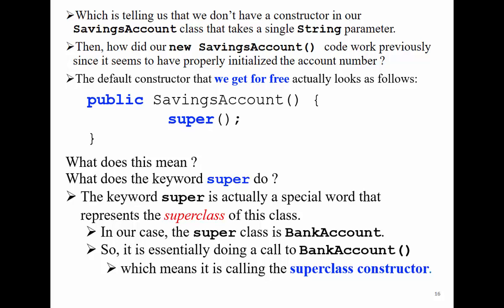We have a no argument constructor inside the bank account. Yes, it will look for the same constructor with the same list of arguments and types. The signature would be, yes.